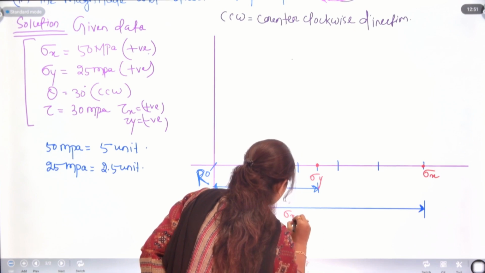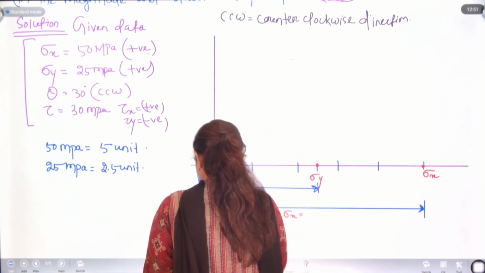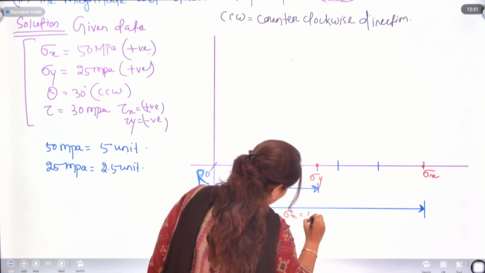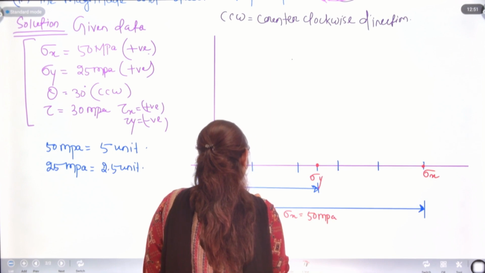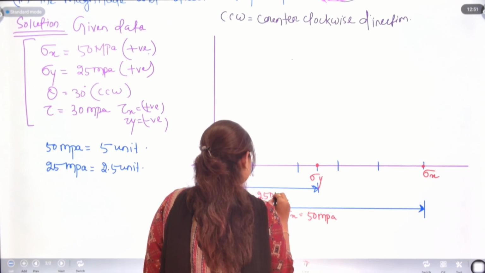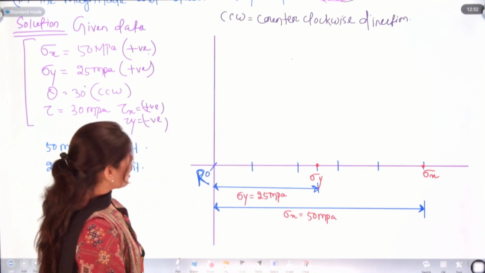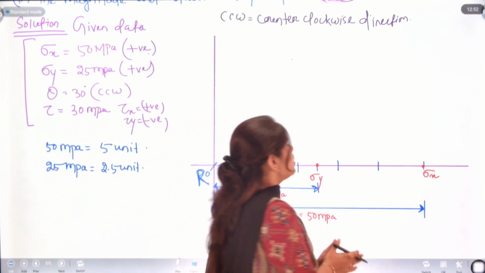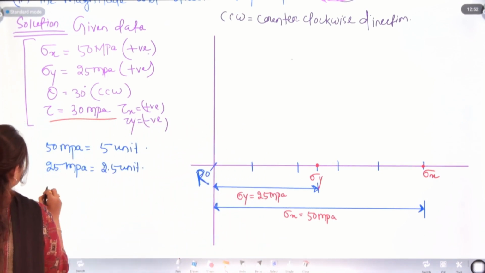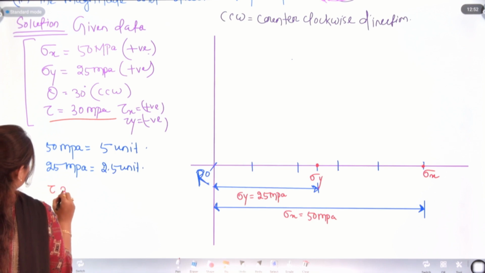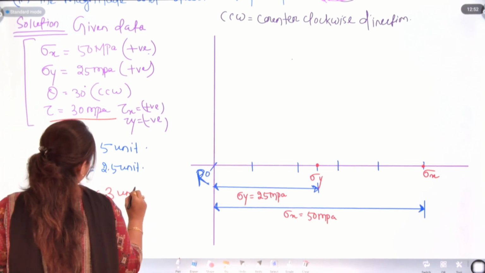Let's write sigma x as 50 megapascal and sigma y as 25 megapascal. Now our work is to draw the shear stress. Tau is 30 megapascal. You can write 30 megapascal equals 3 units.